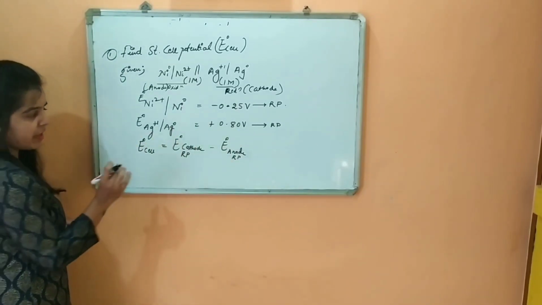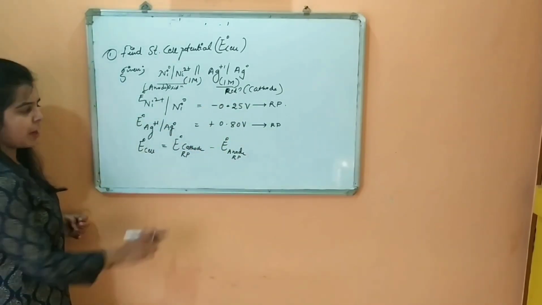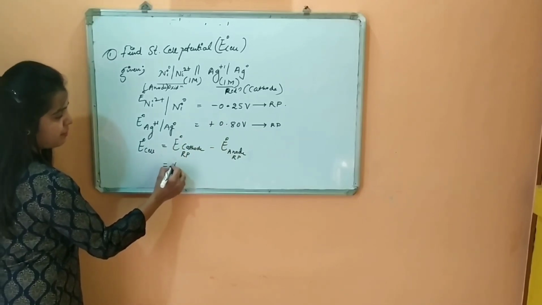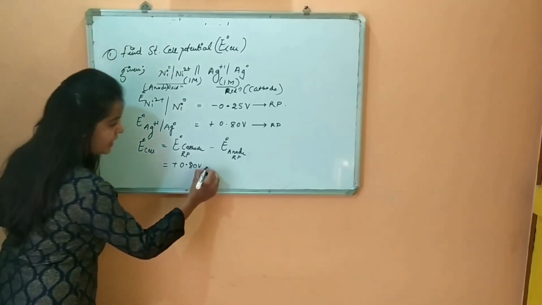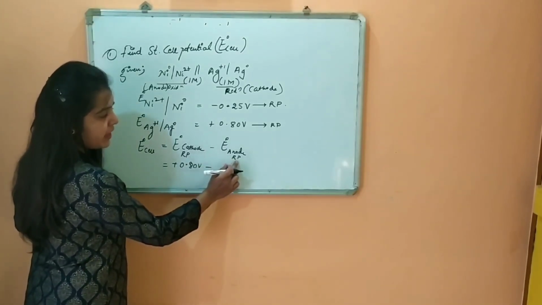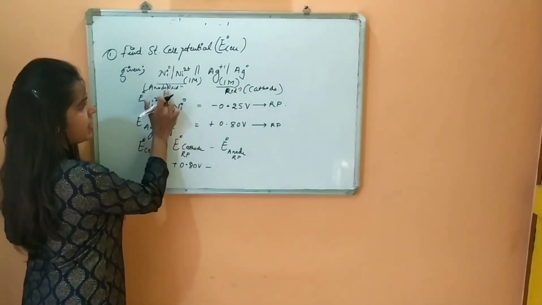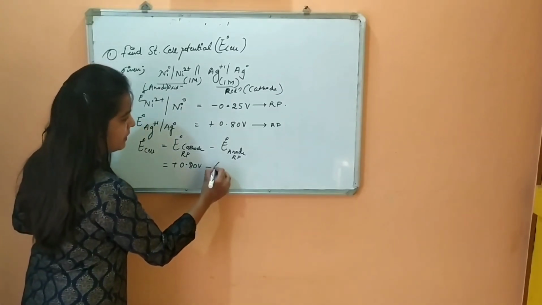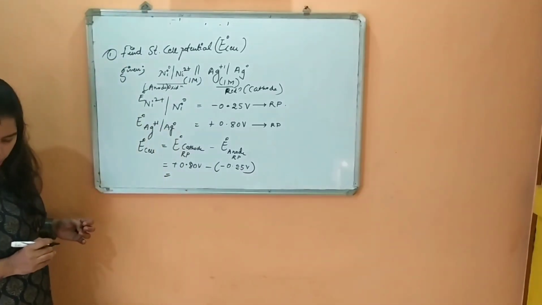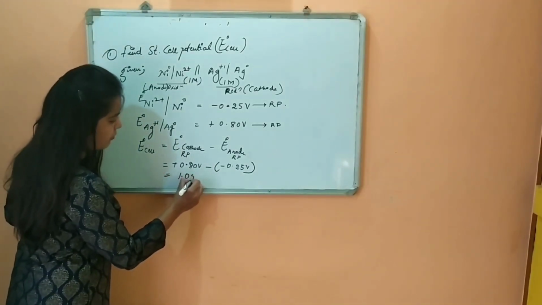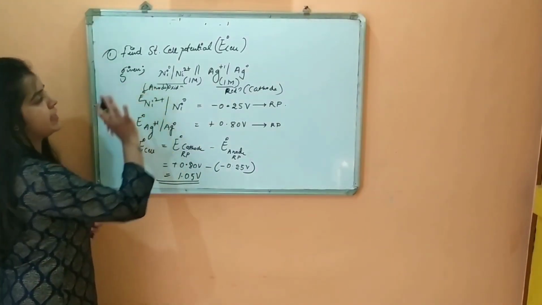Observe carefully. Plus 0.80 volts. Minus standard reduction potential of anode. This reaction is anode. So how much will it be? Minus of minus 2.5 volts... so what would be the answer? 1.05 volt is the cell potential of this cell.